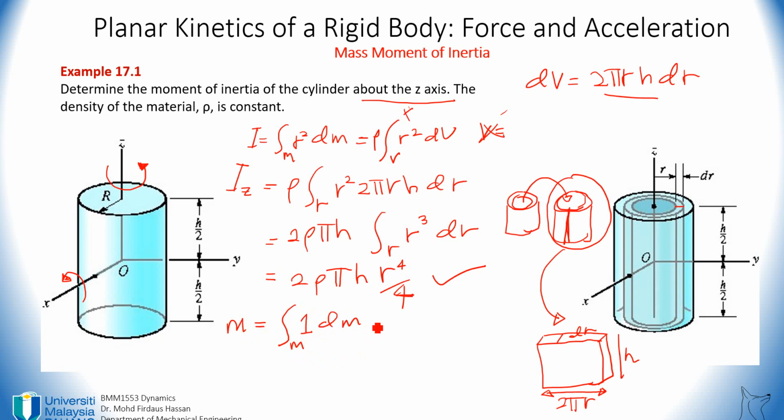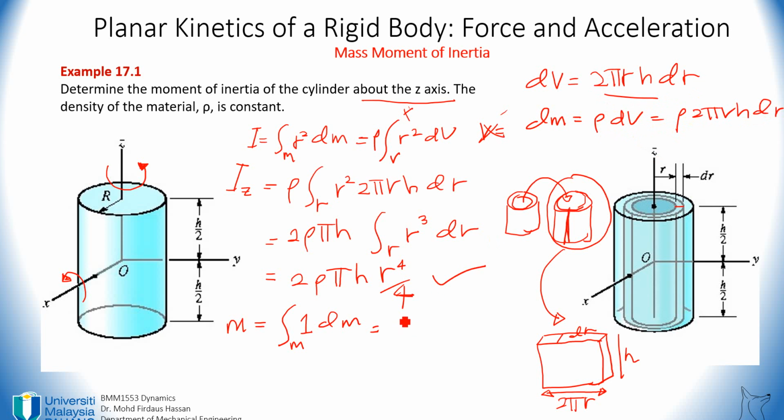So what is dm? Dm is rho dv. So rho times dv, instead rho times this one, rho 2 pi r h dr.